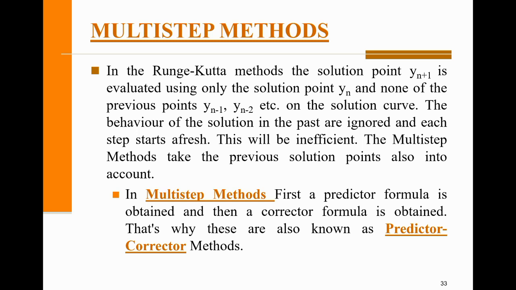You have seen in the Runge-Kutta category, we have only evaluated the value of yi plus 1 by considering the values of xi and yi. So no previous step value has been involved in the solution. Now if we involve the previous step values in our solution, we will get more accurate results.